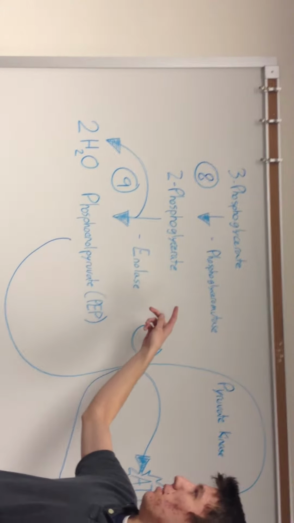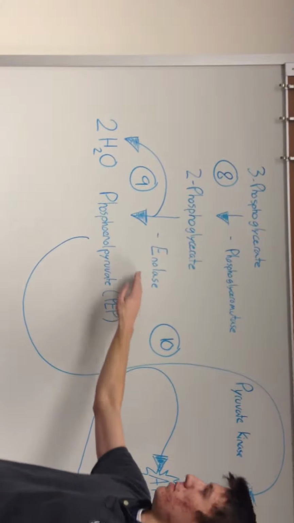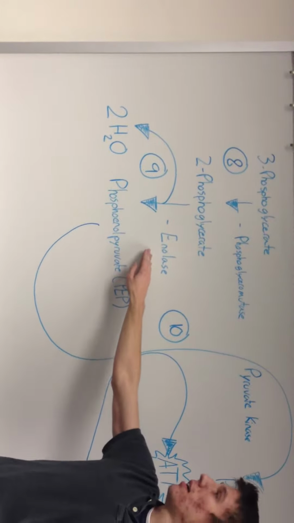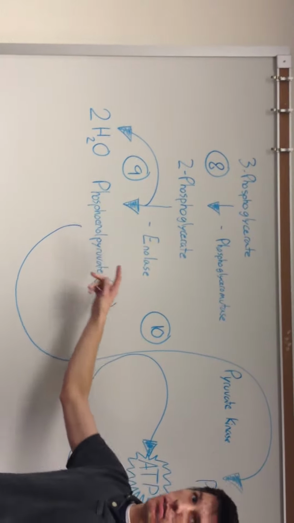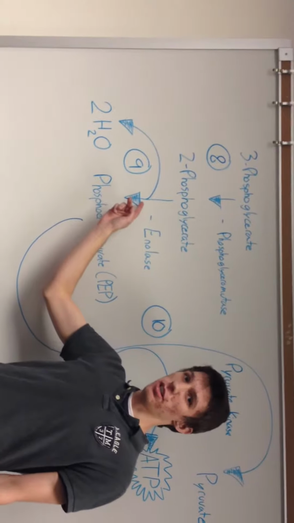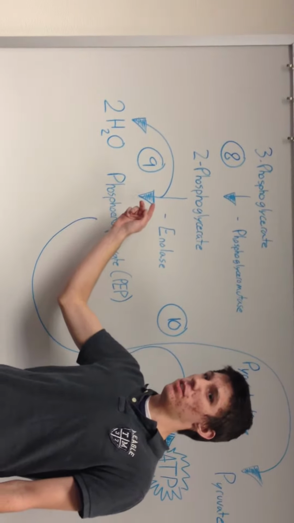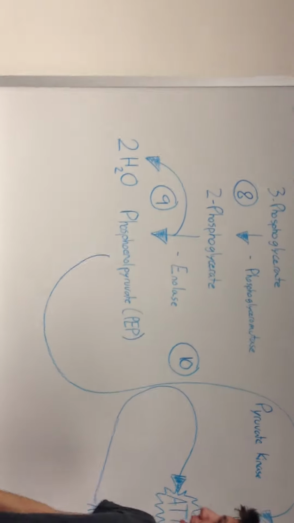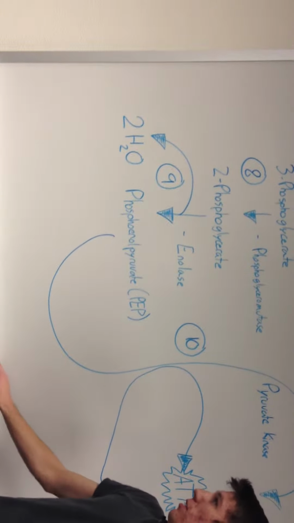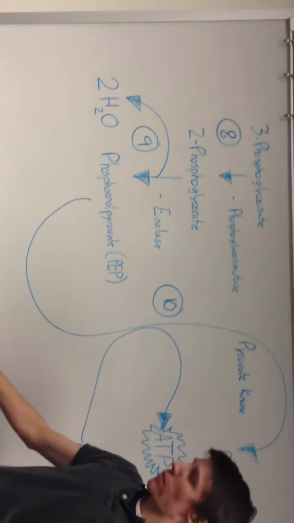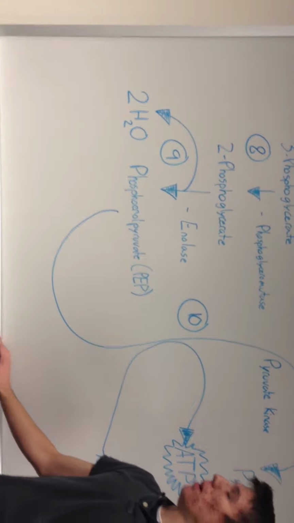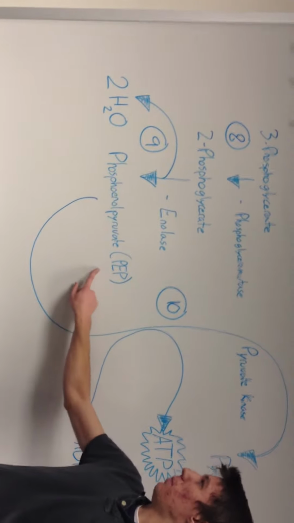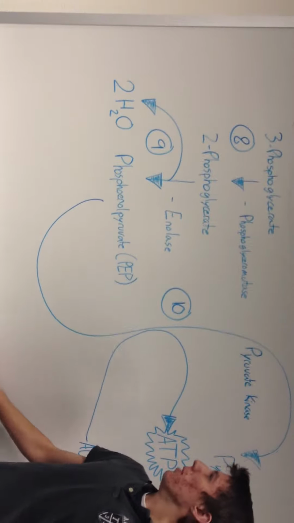And then that molecule transforms using the enzyme enolase. That reaction is a dehydration. So a water comes off of it, and that turns into phosphoenolpyruvate, which is the molecule right before pyruvate that we need at the end, but they call it PEP for short.